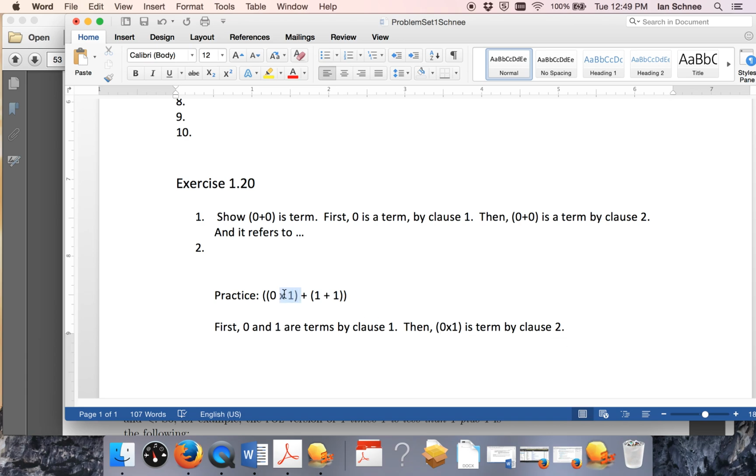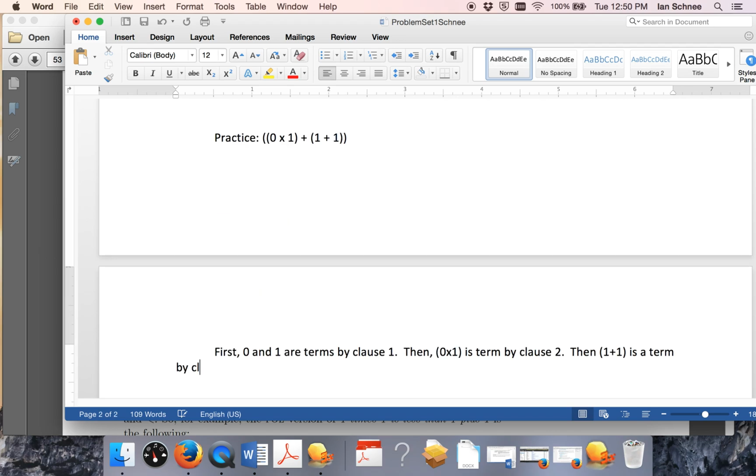Now I have the left-hand side of this, but I don't yet have the right-hand side. So now I have to say then 1 plus 1 is a term by clause 2. And then I can say this whole thing is a term by clause 2. I can only say that once I previously established that these other complex things are terms.